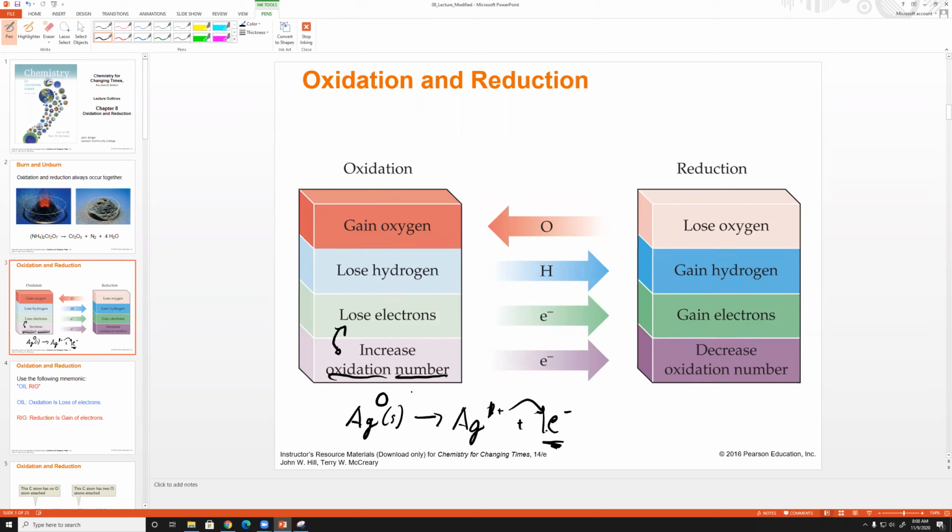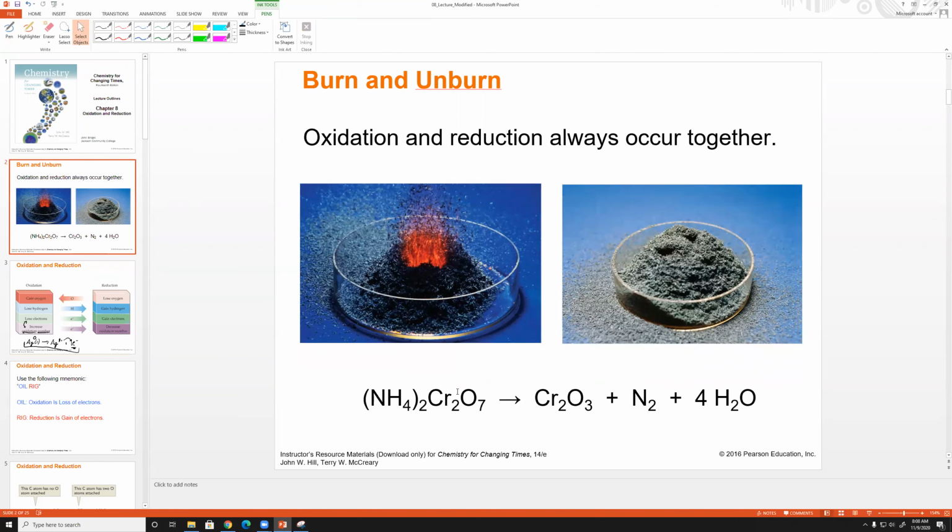Now, a good question would be, how do you determine oxidation number? Again, it could get very complicated, but we're going to cover that for very simple, what we call half reactions, where you just have directly the losing or gaining of electrons. But it could get really in depth. Like this is a pretty complicated redox. We call it redox, another term for it, because rather than saying oxidation reduction all the time, we say redox.